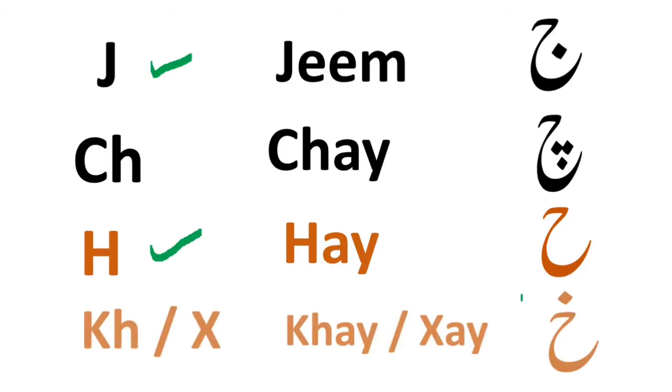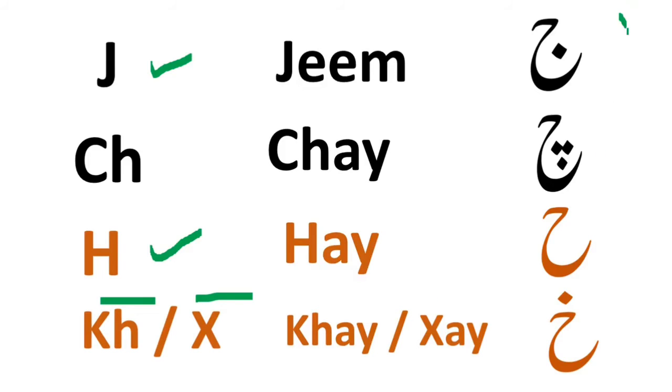Next we have Khey, whose sound comes from the throat and is a combination of KH and X, like Khan, or another good example is Munich, the famous city of Germany.